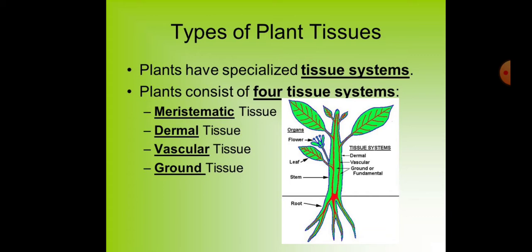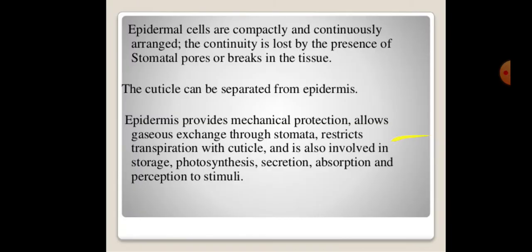Plants consist of four tissue systems, as we studied in our last lecture. Which are these four tissue systems? Meristematic tissues, dermal tissues, vascular tissues, and ground tissues. Here in this lecture, we are concerned with dermal tissues, that is epidermal tissues.